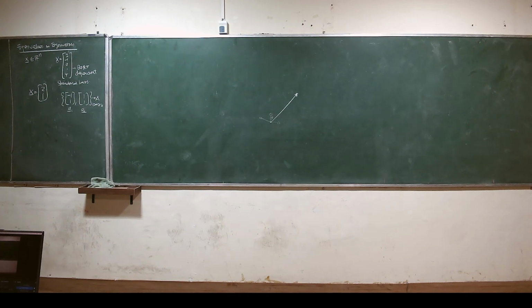A1 into x, is it? So you take the vector A1 and then multiply it by x like this. A1 transpose. Yes, so we need to find out alpha.